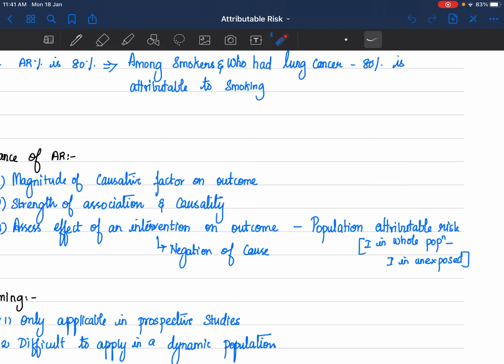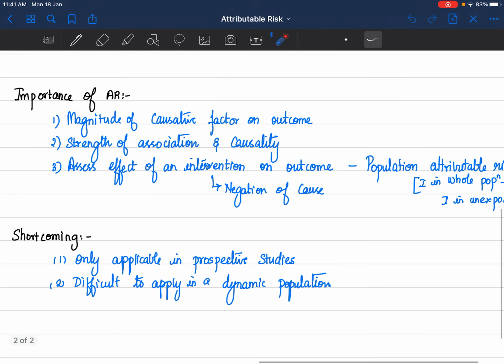Suppose this intervention was introduced, or the cause was negated, say for example smoking was stopped. What effect will it have on the population developing lung cancer? So these are the importance of attributable risk: whether there is a causative factor and it is related to it, what is the strength of association, and if I am going to introduce an intervention, what will be the outcome?